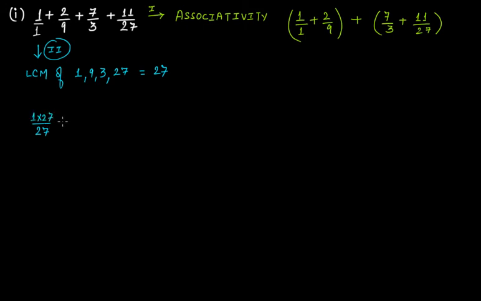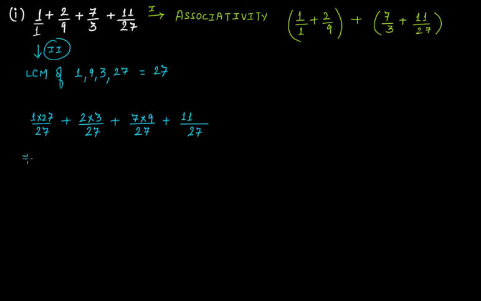And we have learned all these things, why we do this and how we do this. In this case, if you want the LCM as 27, if you divide 27 by 9, you get 3 as the quotient. So 2 times 3 will be the numerator, plus this is 27. If you divide 27 by 3, you get 9 as the quotient, then 7 times 9, plus here we already have 27, so we need not multiply anything in the numerator.